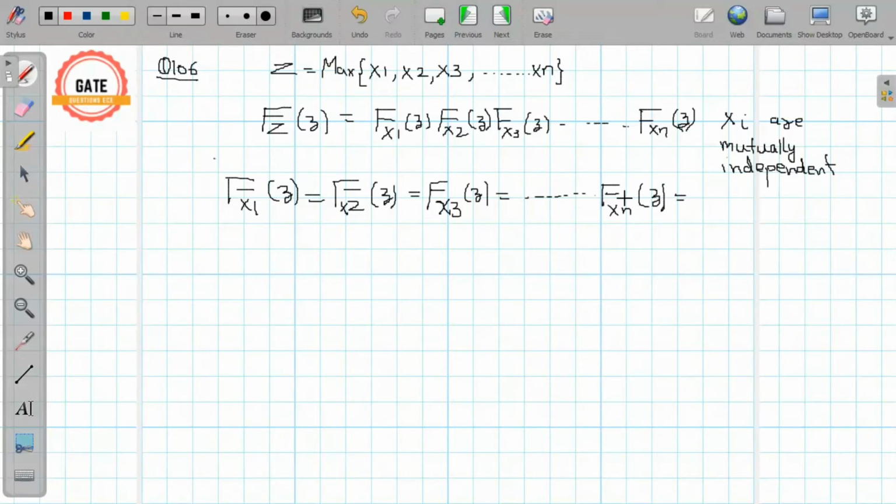Let's say all these are equal to capital F of z.